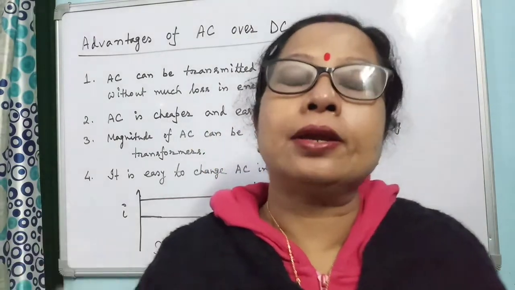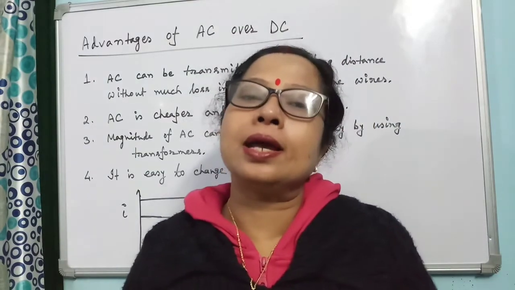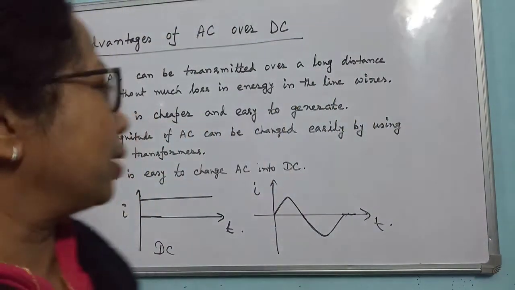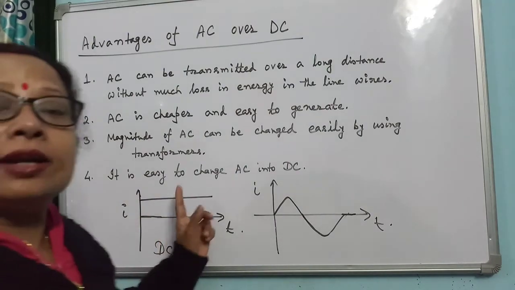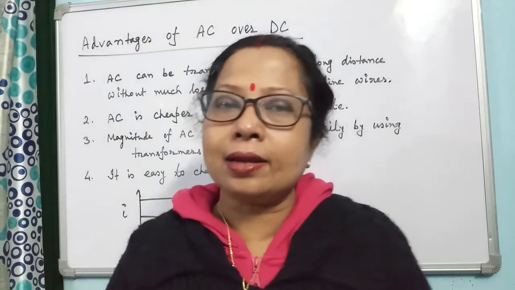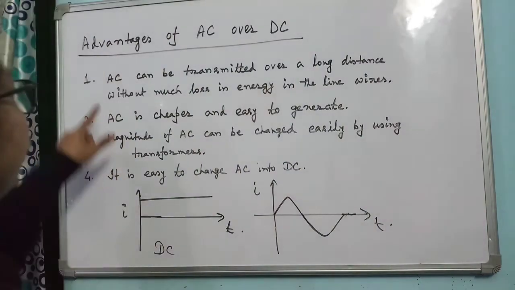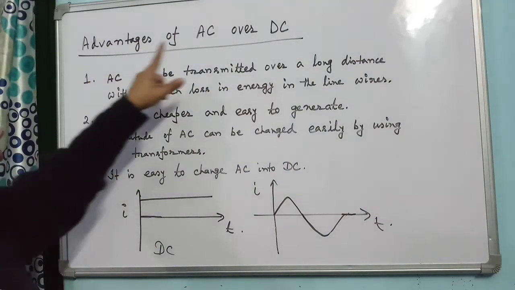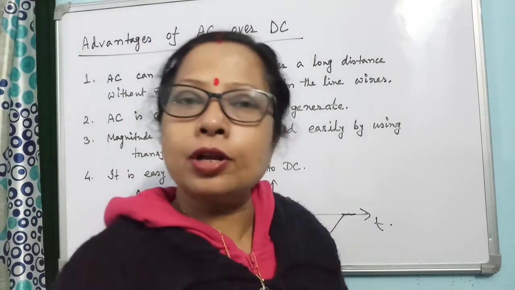If you want to decrease it, you can easily do it by a step-down transformer. And it is also very easy to convert alternating current into direct current, by using diodes. So these are the 4 advantages of alternating current over direct current, and a very important topic for your board exam.